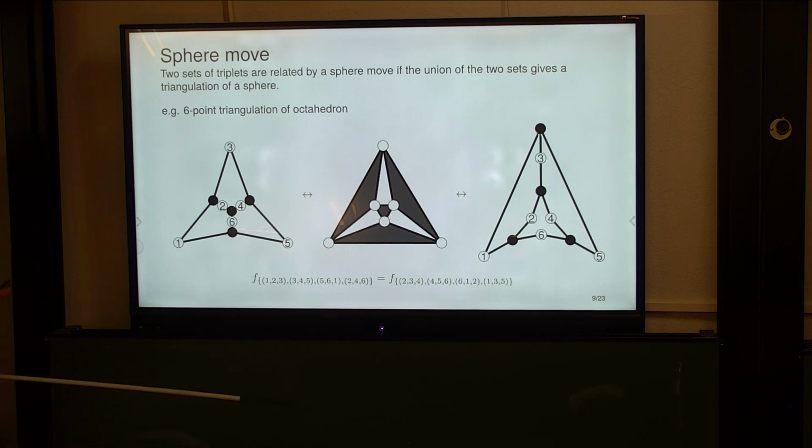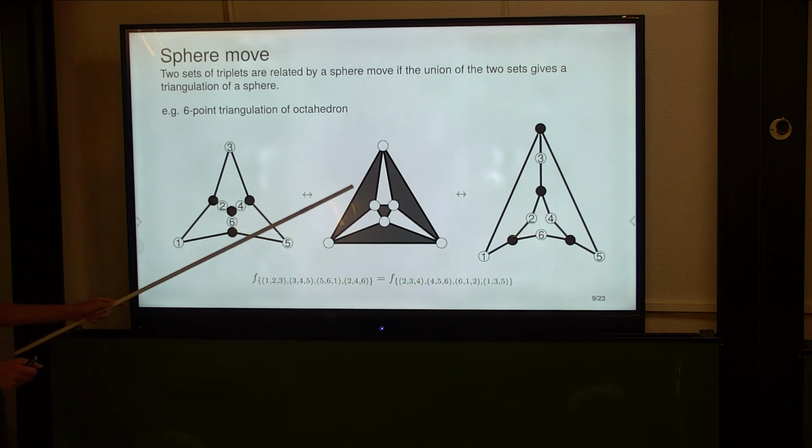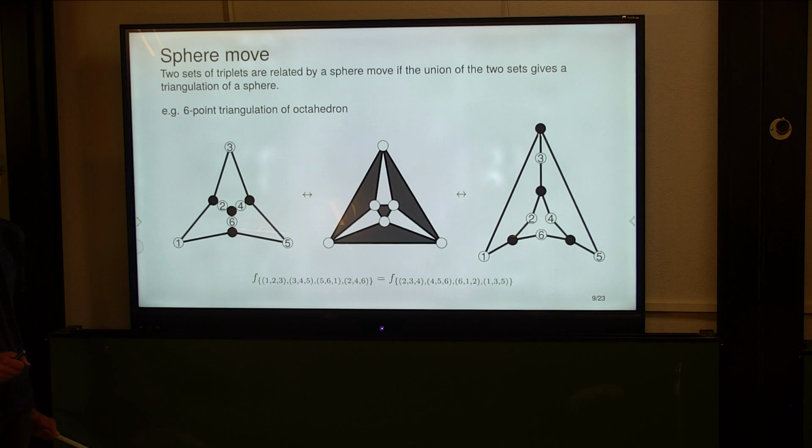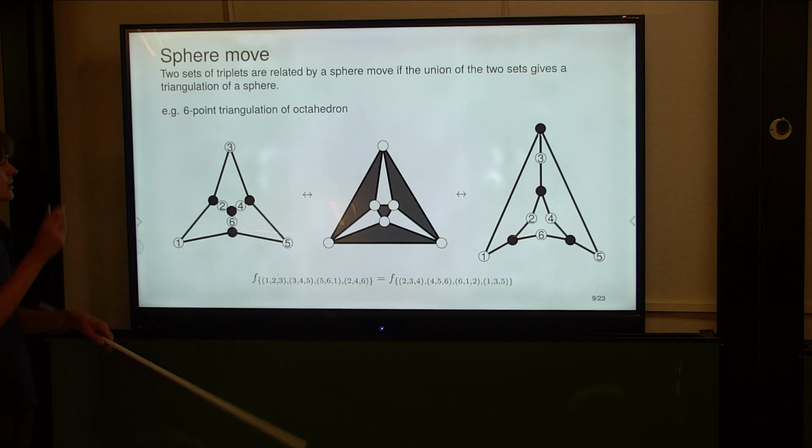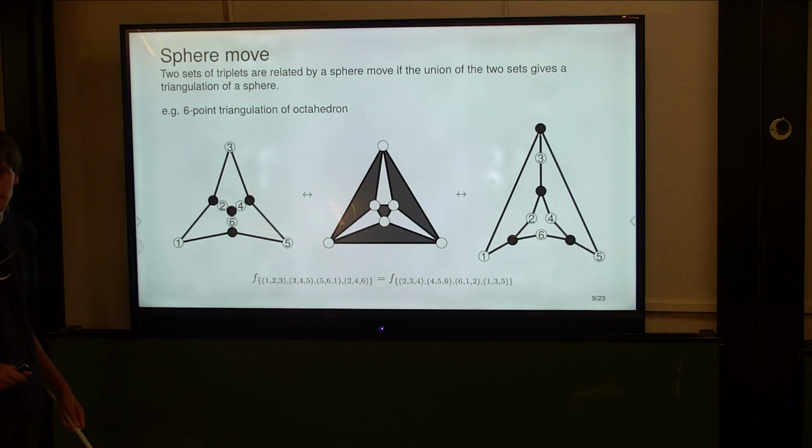It's hard to draw this kind of thing, at least I didn't take the time to make a 3D image, but if you have this 6-point diagram where I've removed the external legs just so that they don't get in the way, but you have these white vertices labeled, what you can imagine is that each of the black vertices corresponds to a triangle in the triangulation of the sphere. Just an octahedron that's bicolored. Yeah, exactly. It's an octahedron that's bicolored. Yeah, I didn't make an image of an octahedron in quite that arrangement.